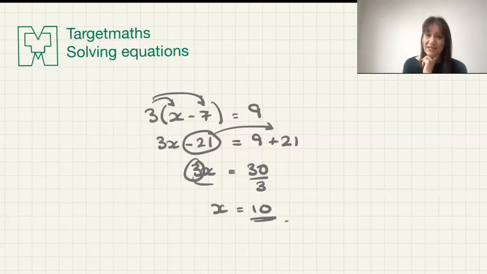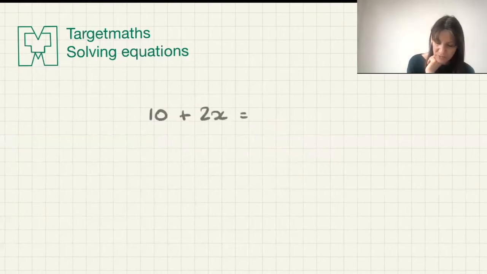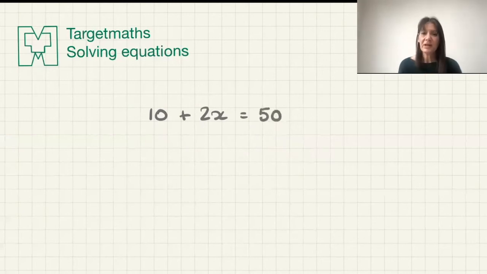Okay, let me give you an example of when this whole last thing you say, first thing you move could go wrong for you. If I gave you the equation, so let's say I gave you 10 plus 2x equals 50. The last thing I actually say there is 2x, 10 plus 2x. I don't want to move 2x because I'm trying to get x on its own.